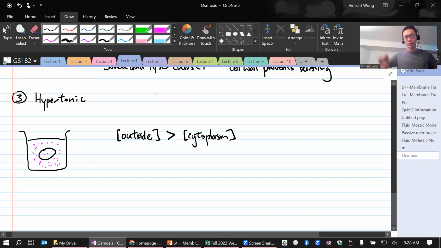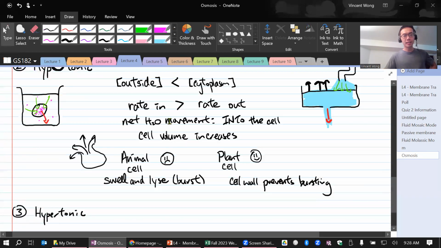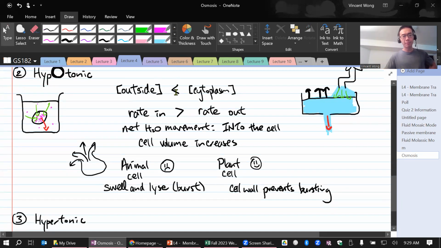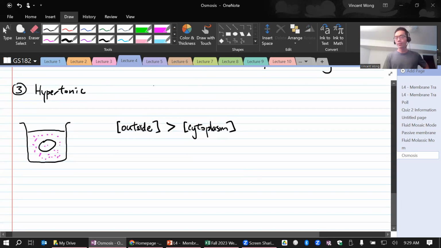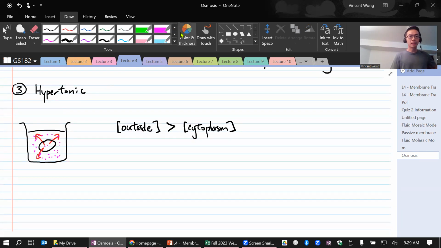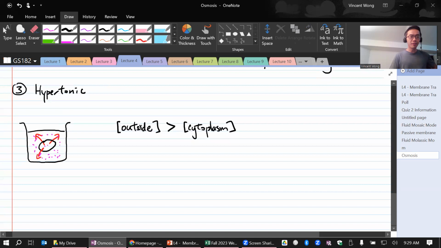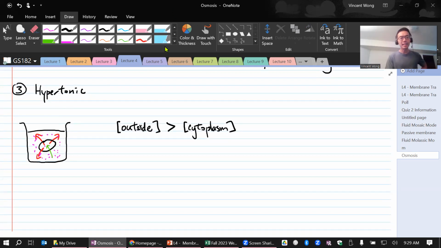Okay, and again, I hope you're doing this side by side, and you can see it's just the opposite of hypotonic, right? So in this case, water will be drawn out. You have more water leaving than coming in.